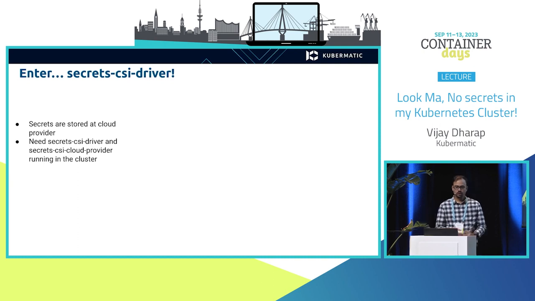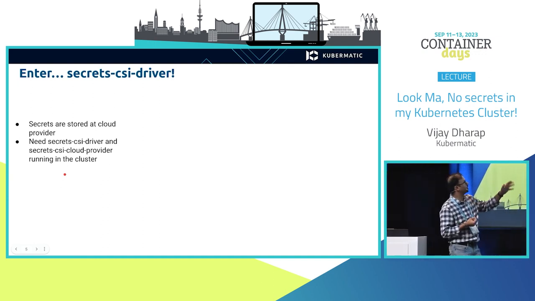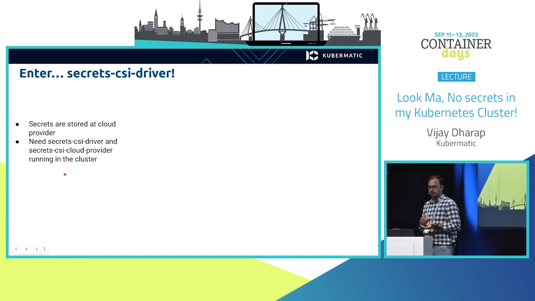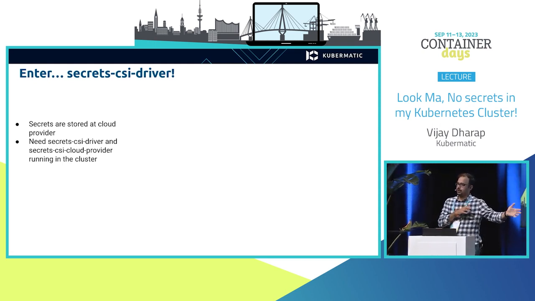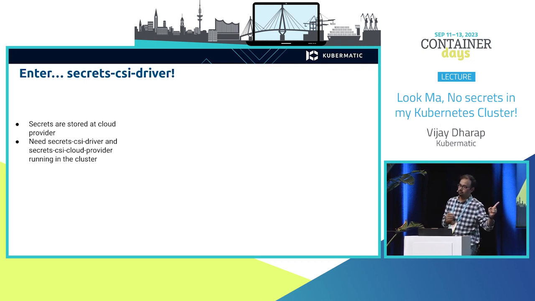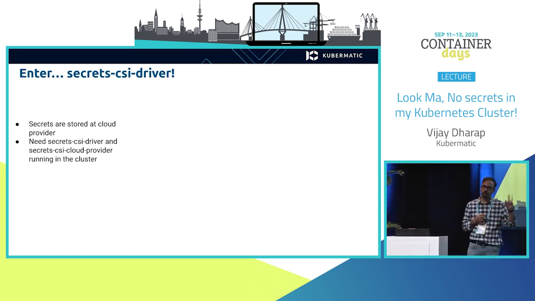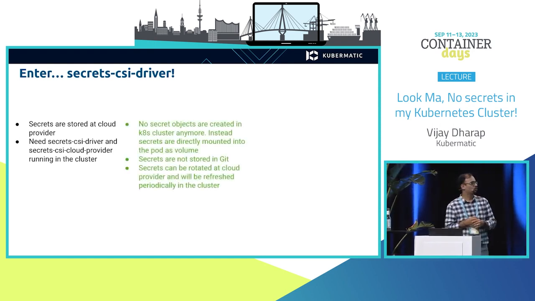So in this case, secrets are stored at the cloud provider, and you need to have the Secrets Store CSI driver running in your cluster in order for it to connect to the appropriate cloud provider, grab the secret, and make it available as a volume, not as a secret, but as a volume. It will directly make it available as a volume to the pod.